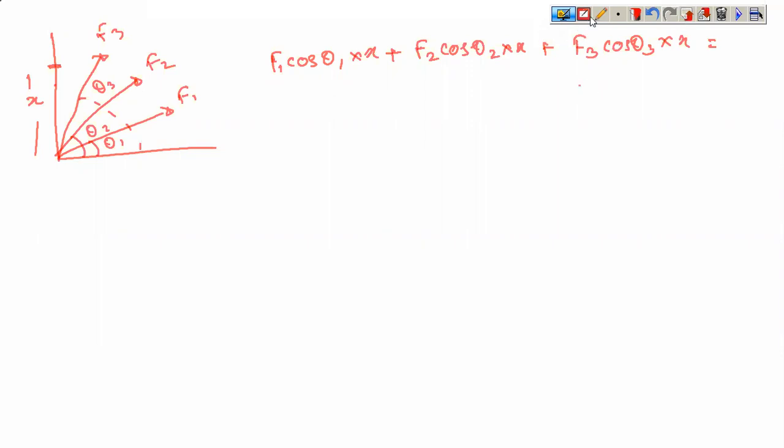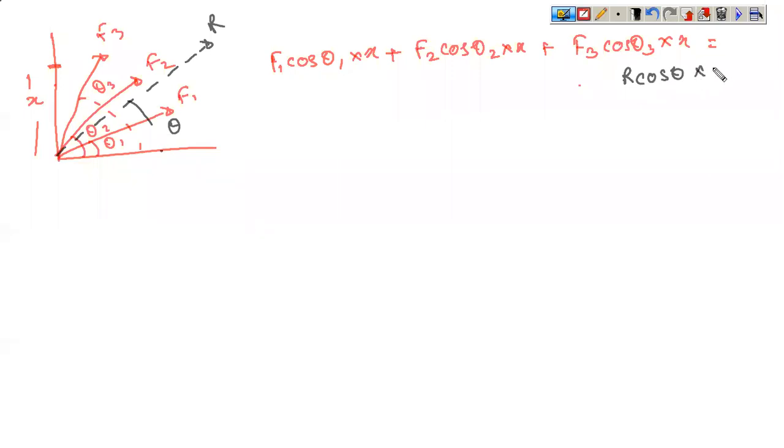Okay. So for the moment produced by the resultant, let us say this is your R, which is subtending an angle theta. Now this resultant will also have two components. The vertical component is R sin theta, the horizontal component is R cos theta. Only the cos theta component will produce moment because the other will be parallel to this axis.